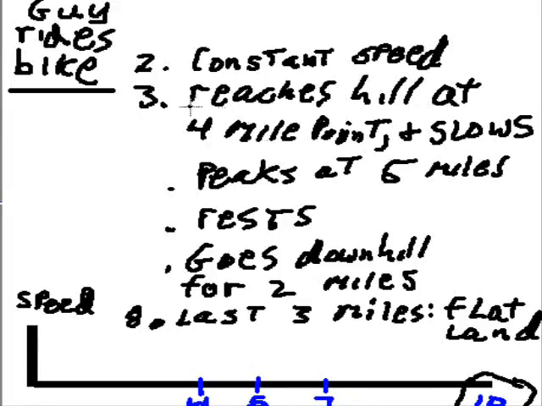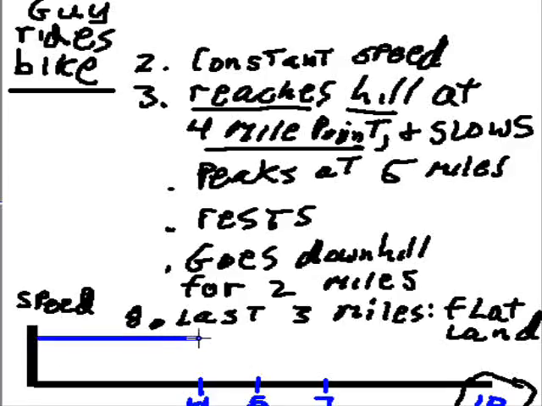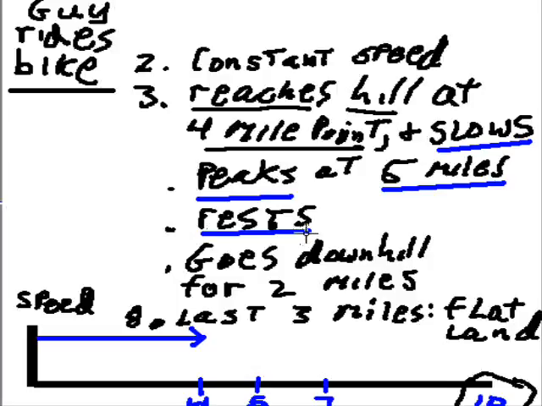He's riding until he reaches a hill at a 4-mile point. So he's going along at a constant speed till he hits 4 miles. At 4 miles, he runs into a hill and he slows down. And the hill peaks at 5 miles, so he gets to the top of the hill and rests.